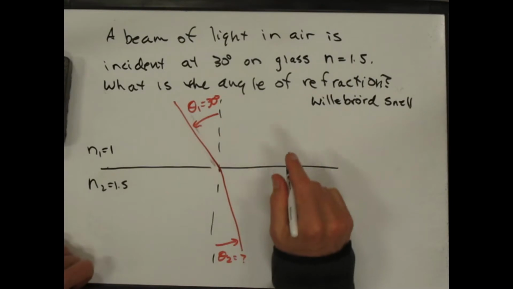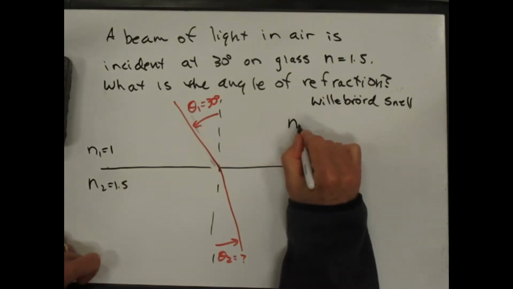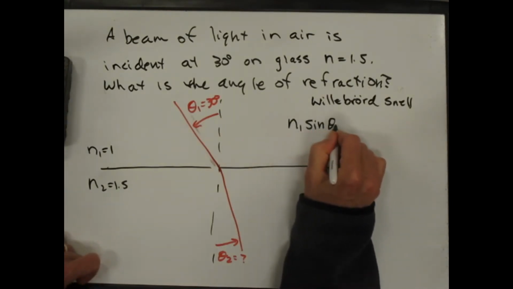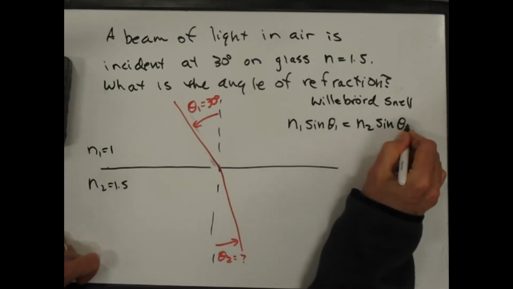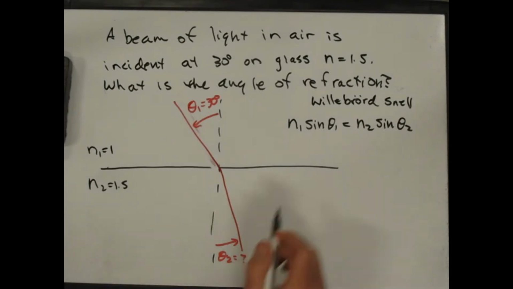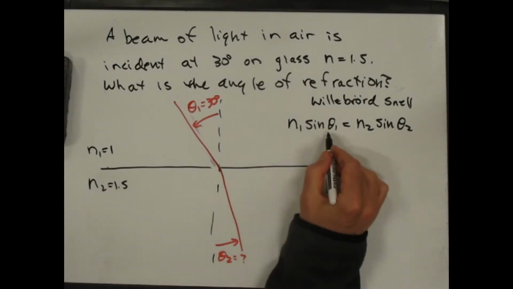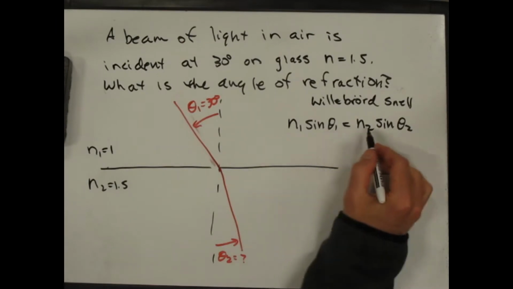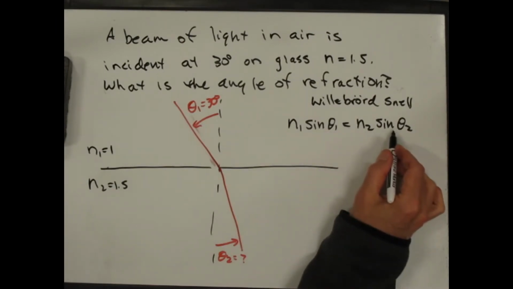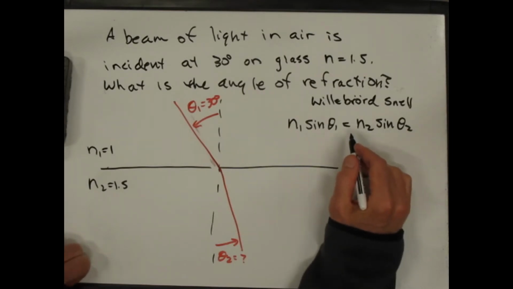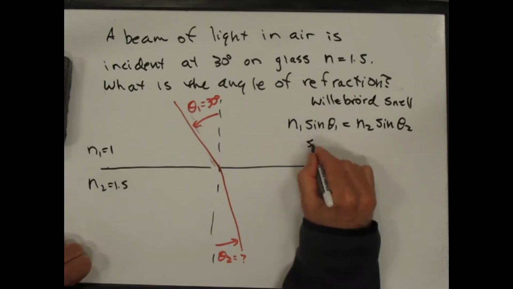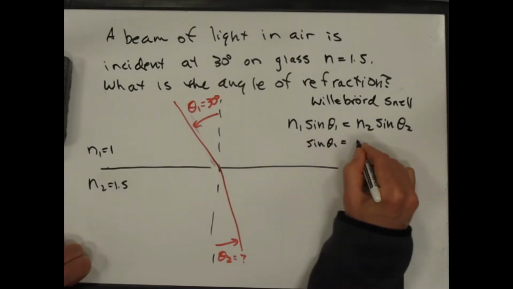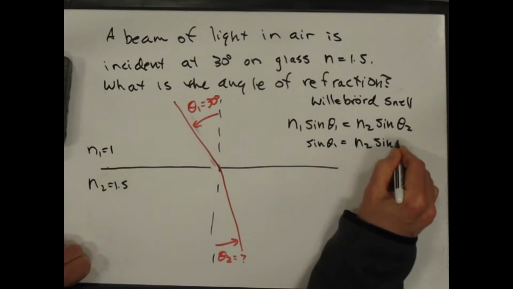Snell's law is this: N1 sine theta 1 is equal to N2 sine theta 2. That is to say, the product of the index of refraction and the sine of the incident angle is equal to the product of the refracted index of refraction and the sine of the refracted angle. In our example, N1 is just 1, so sine of theta 1 is equal to N2 sine of theta 2.